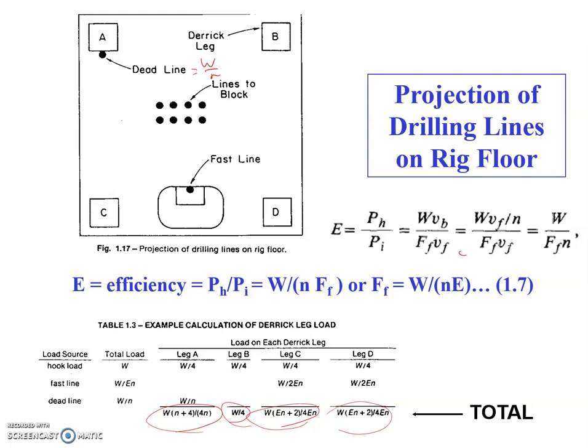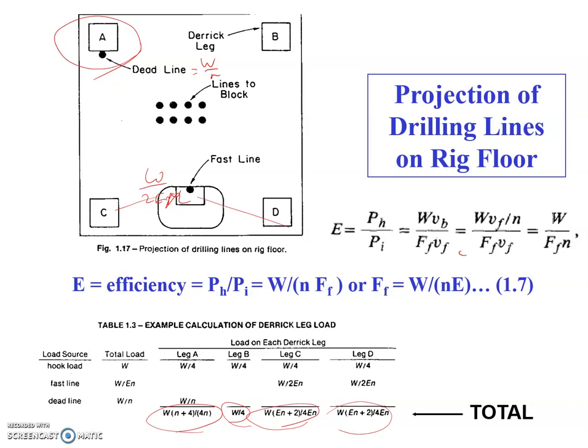And on legs C and D, the fast line force is distributed between these two, which is W over 2En, which is less than this W over N. So the maximum load is being applied to leg A between all four legs.